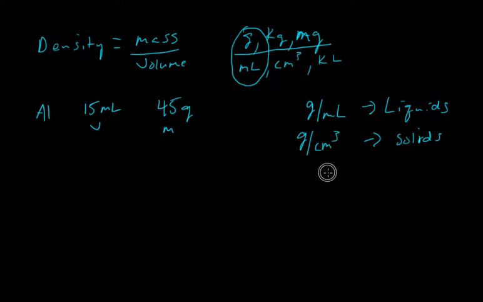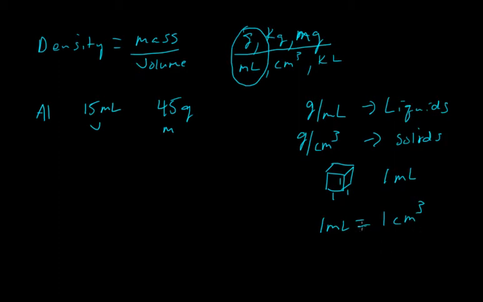Let's say I had a cube, so let's draw a cube here, and this cube was 1 centimeter by 1 centimeter by 1 centimeter. If I were to take a liquid and fill this cube up, that would occupy a volume of 1 milliliter. So as far as conversions go, 1 milliliter is equal to 1 cubic centimeter.